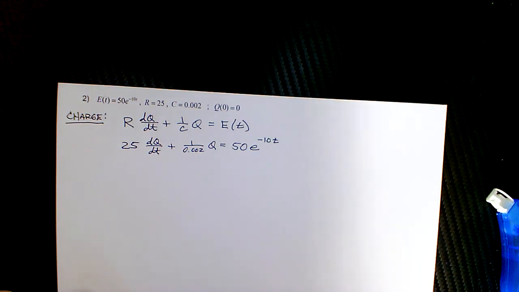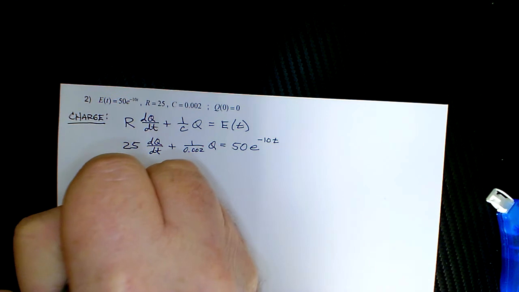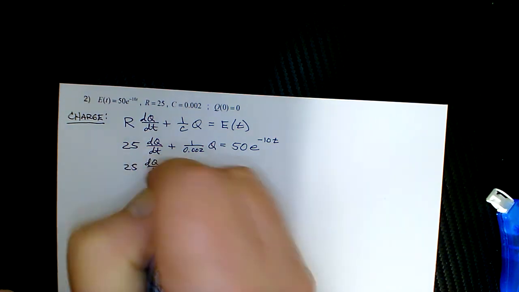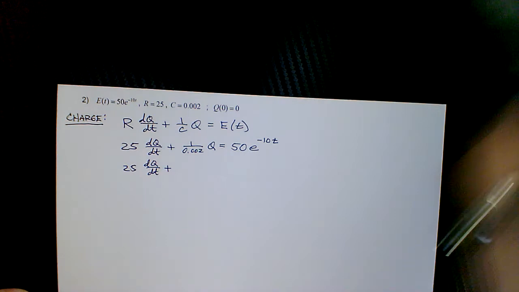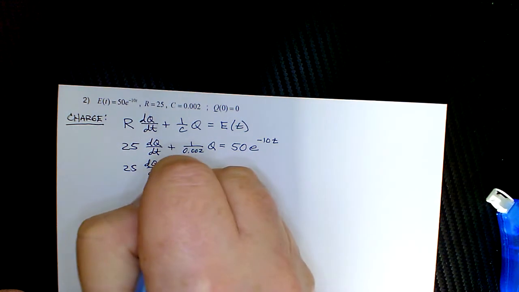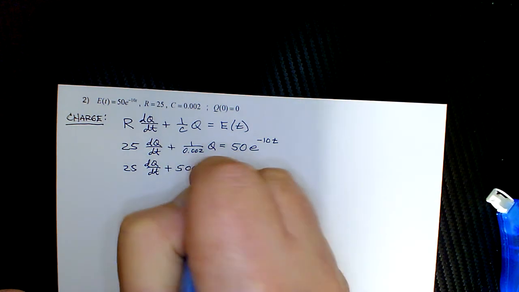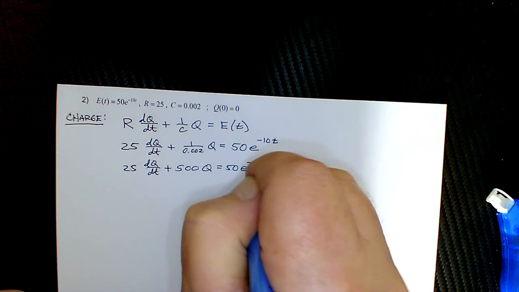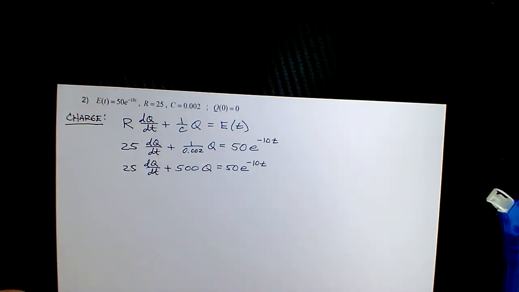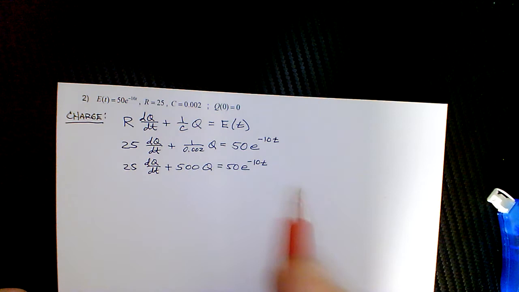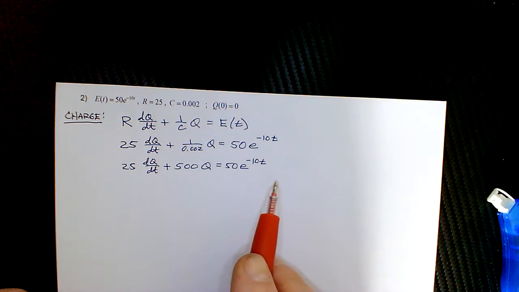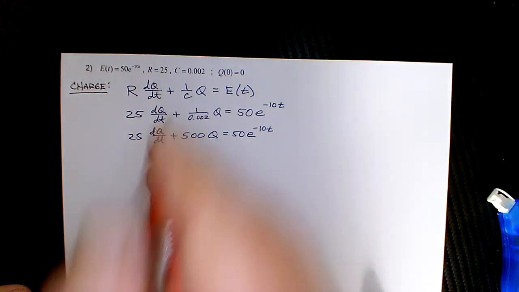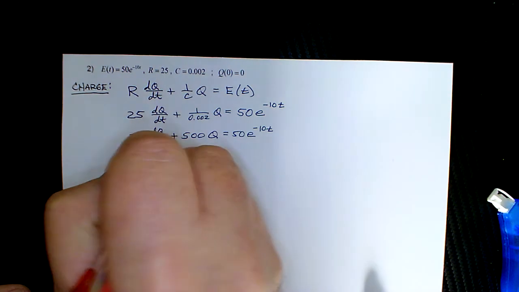Okay, so standard form, well, first off, so we don't make any careless mistakes here, let's take 1 over 0.002 is 500 q. Okay, and now our standard form, because this again is going to be a first order non-homogeneous differential equation, and we're going to need our integrating factor.